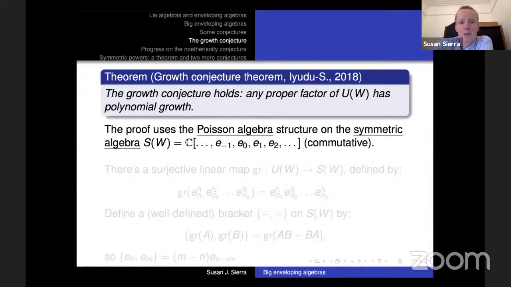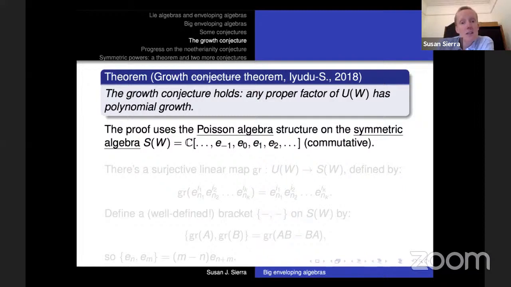This is what's called the symmetric algebra on W, S of W. What that is, is just the polynomial ring whose variables are this basis for W. So it's polynomials in infinitely many variables, E minus 1, E naught, E1, going up, going down.